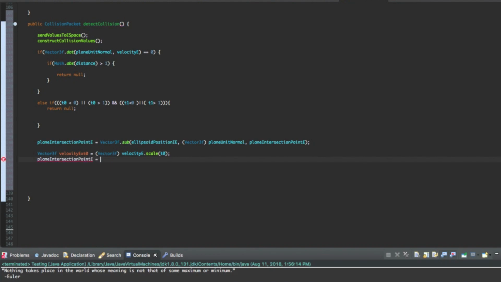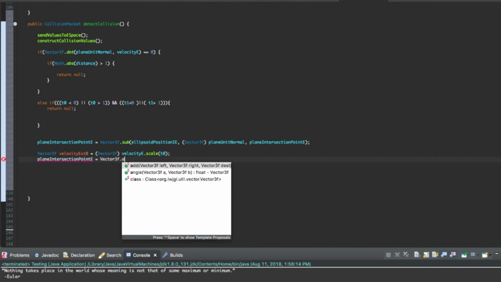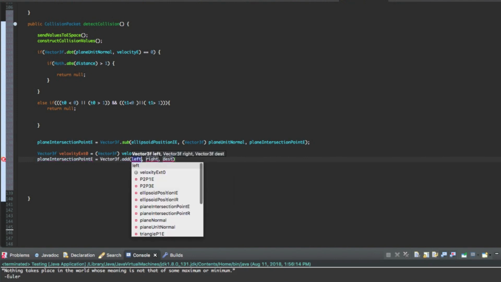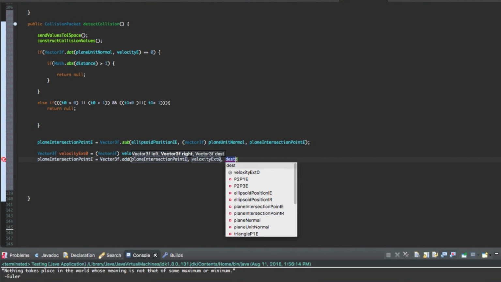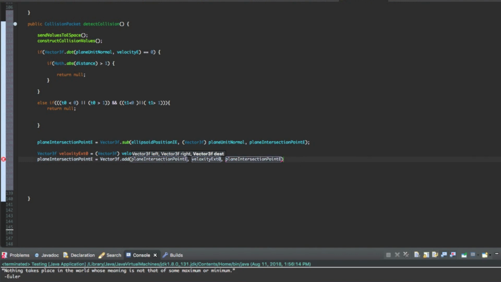So planeIntersectionPointE is equal to Vector3f dot add planeIntersectionPointE and the velocityE times t0, and we'll store that in planeIntersectionPointE. So now we have to find out if that plane intersection point is actually within our triangle rather than just the triangle's plane.